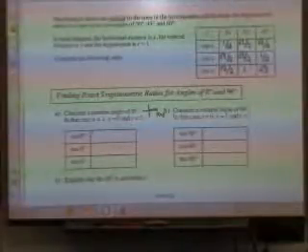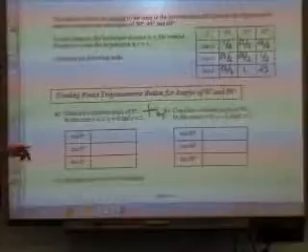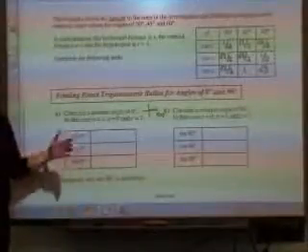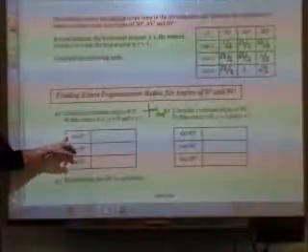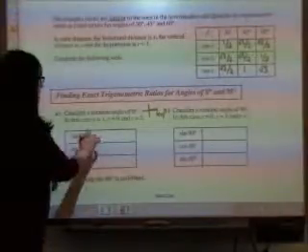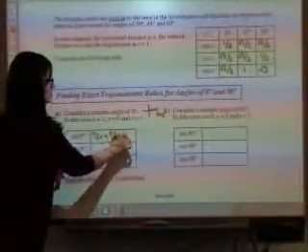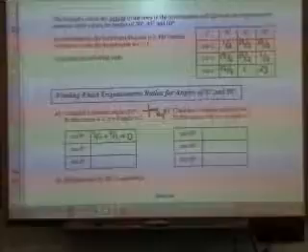So using SOHCAHTOA, sine would be opposite over hypotenuse, which is y over r, which would be 0 over 1 or 0.